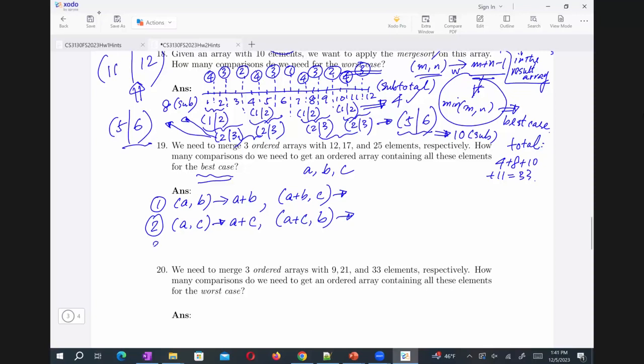The third: merge B and C first, and we get B plus C elements, then merge B plus C with A. Among the three, you pick the one with the smallest number of comparisons. That's the best solution.